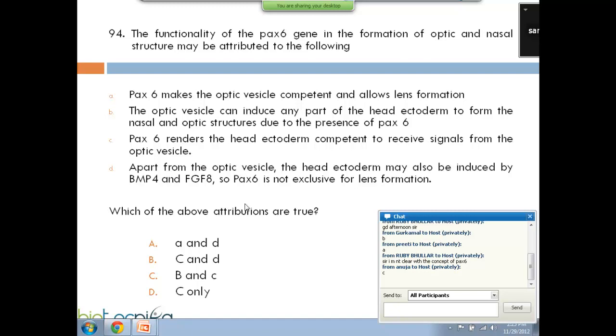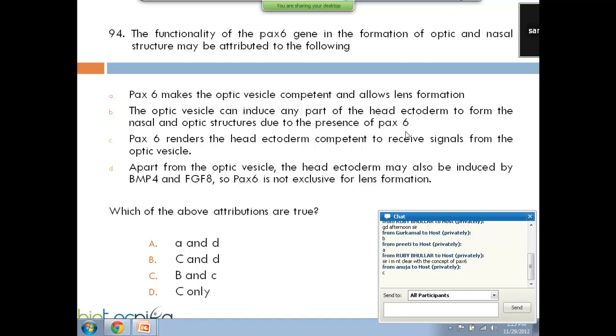Let us discuss. The PARC-C makes a vesicle competent and then allows lens formation. Actually, it signals, it is not the one. The optic vesicle can induce any part of the ectoderm to form the nasal optic structure due to the presence of PARC-6. There was one thing I said, that it is going to be present only at a particular position, not even on the surface of the head, right?